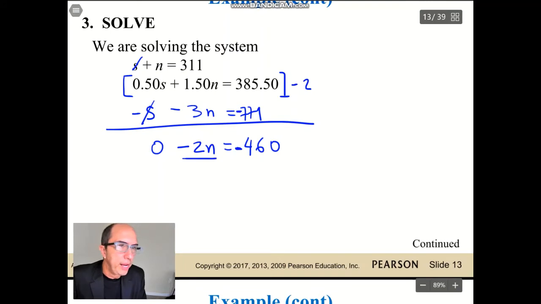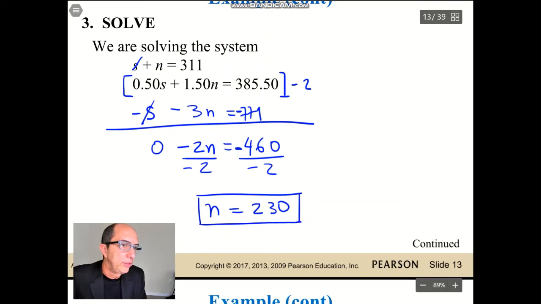Apply the multiplication property and divide both sides by -2, then you're going to have n equals 230 tickets. That means 230 tickets were sold to non-students. Let's plug this into the first equation.